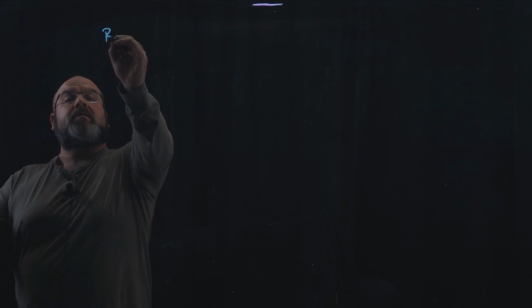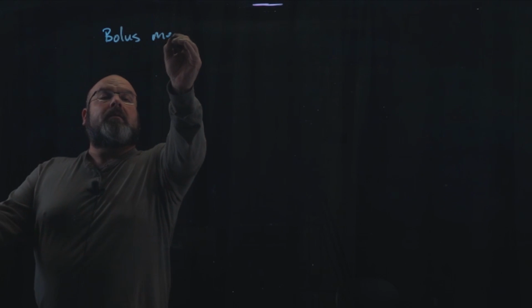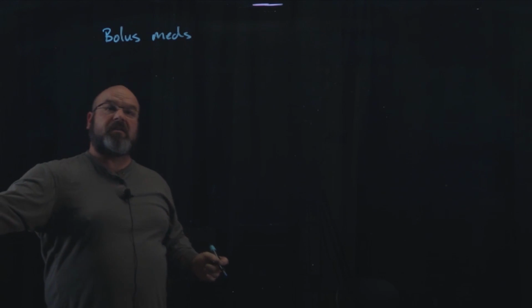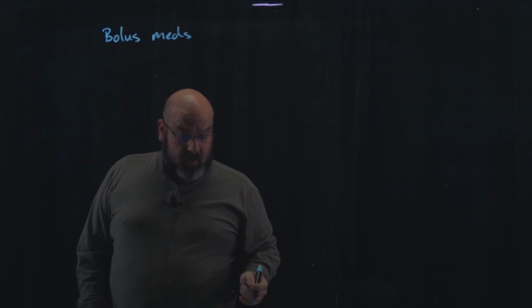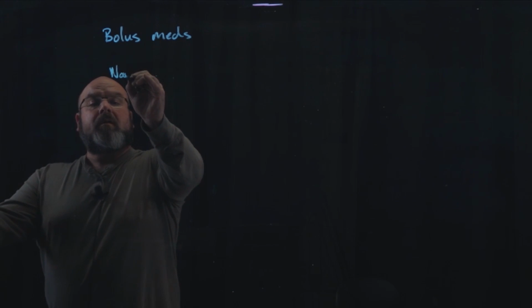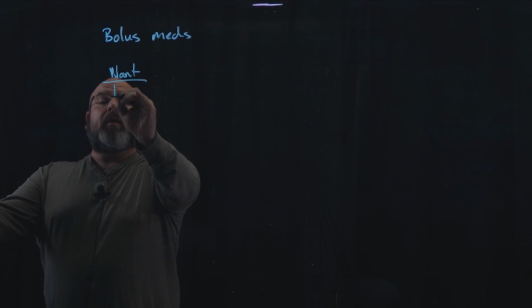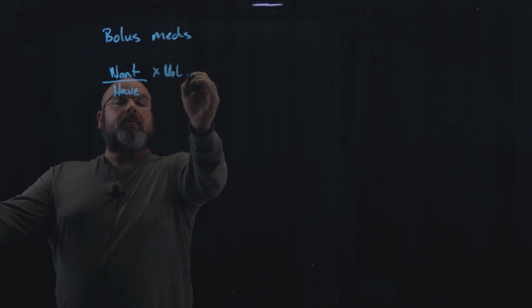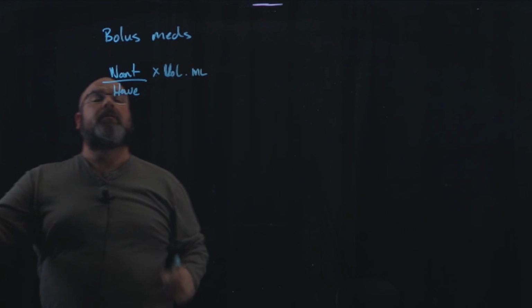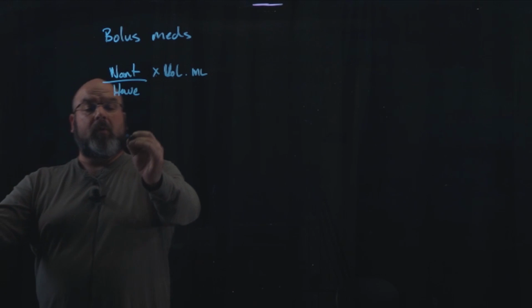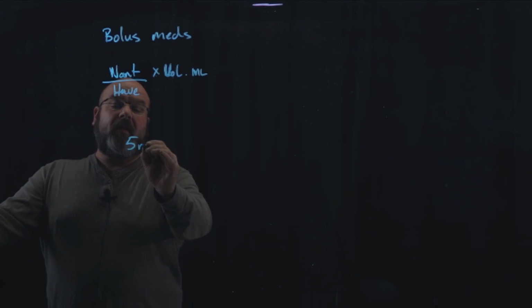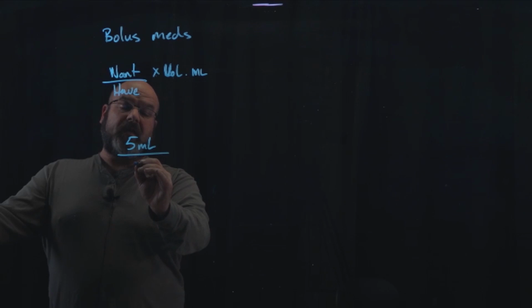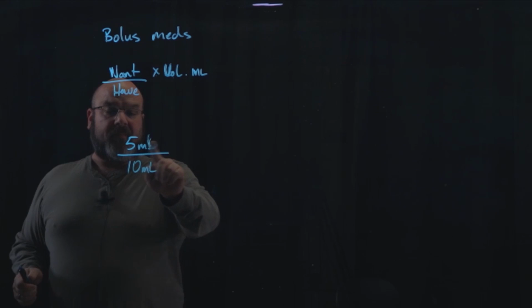So then we're going to do some quick bolus medications. So these are done by concentration. So you want what you want, the amount we want to give, divided by what we have, times its volume in milliliters. Okay, so we want to give 5 milligrams.